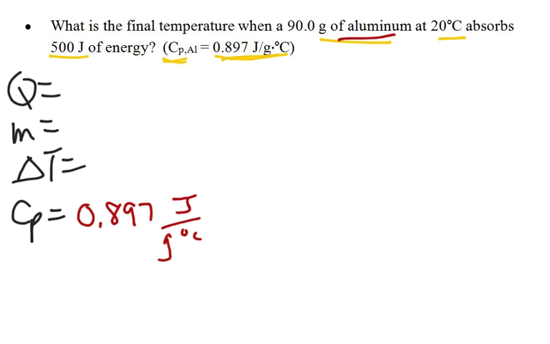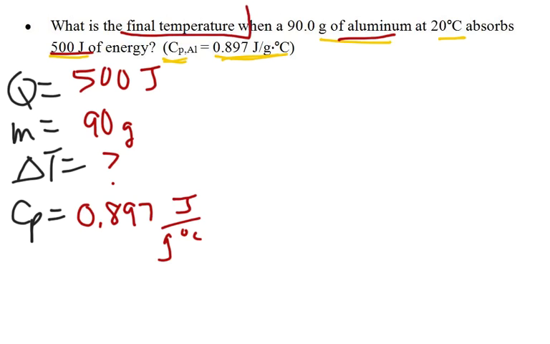I have a 90-gram sample, so that's my mass. And my Q, the amount of energy, is 500 joules. So it sounds like what I can calculate from this is my change in temperature. Now that's not really what I want. I want my final temperature, but if I get the change in temperature and I know I start at 20, then I can figure out my final temperature.